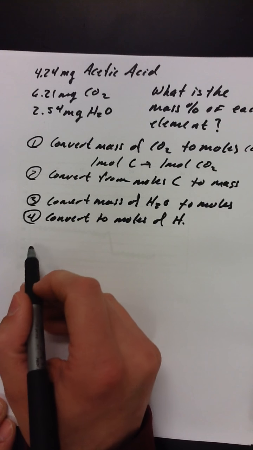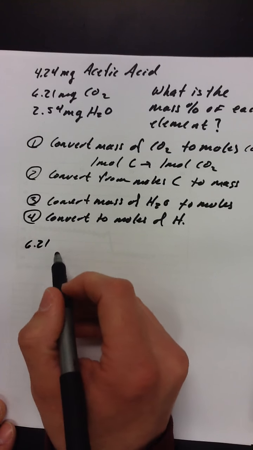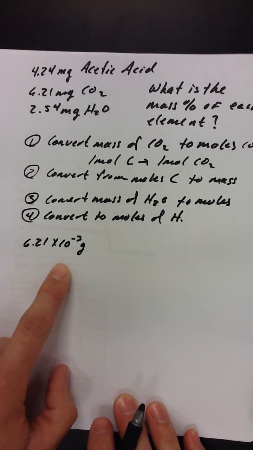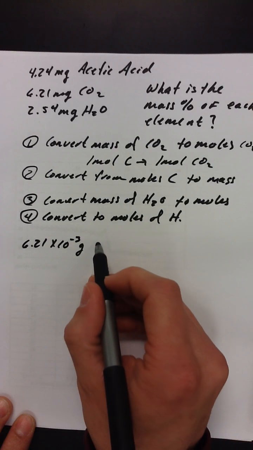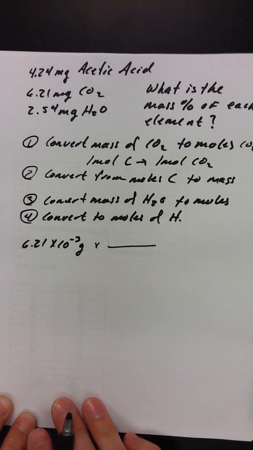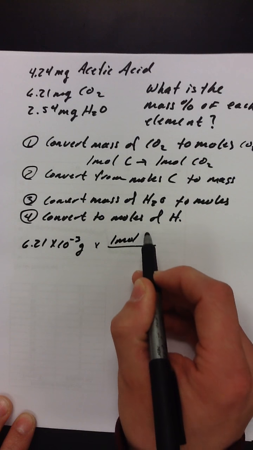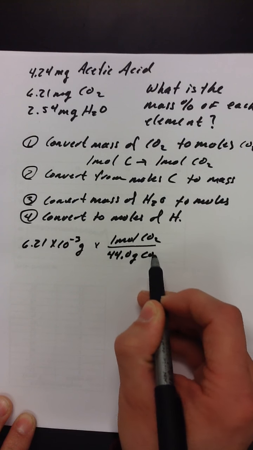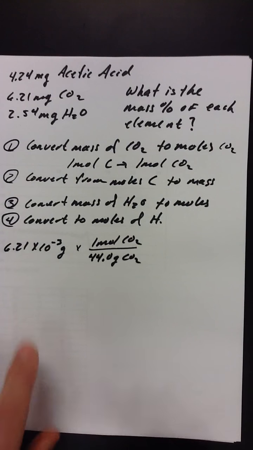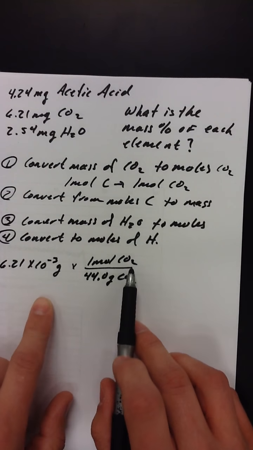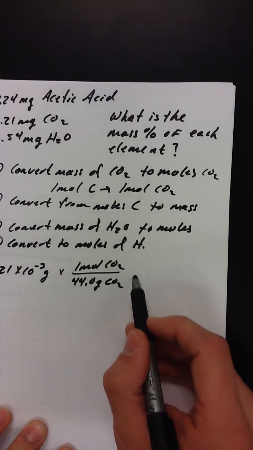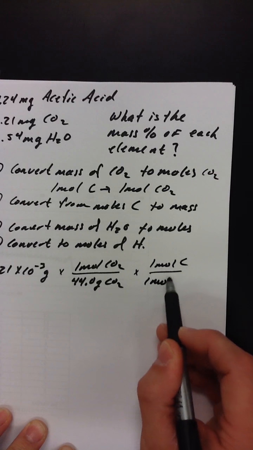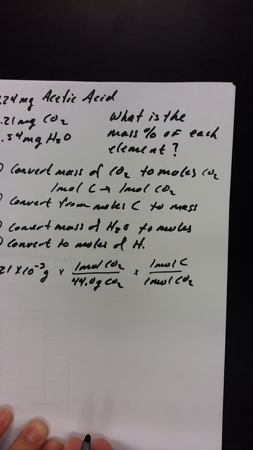We're going to start out with our 6.21 times 10 to the minus 3 grams, which is 6.21 milligrams of carbon dioxide. We're going to need the molar mass of carbon dioxide. So 1 mole of CO2 is 44.0 grams of carbon dioxide. So this will convert grams of carbon dioxide to moles of carbon dioxide. And we said that 1 mole of carbon produces 1 mole of carbon dioxide.